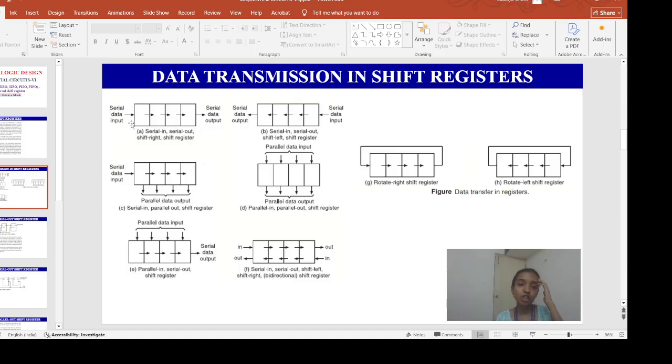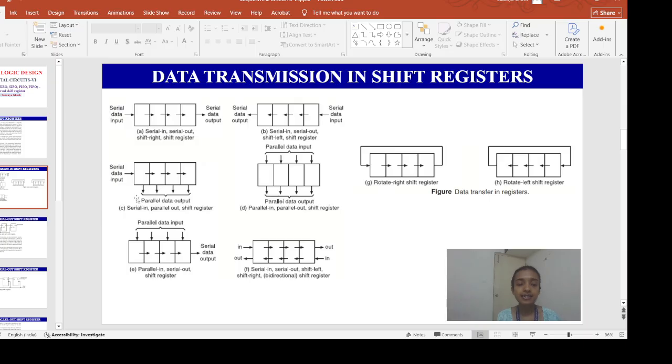That is why it is called a shift right shift register. Over here, the data is also coming in serially and the output data is also in serial format, but it is from right to left. That is why it is called a shift left shift register.